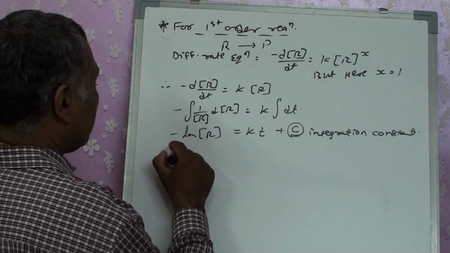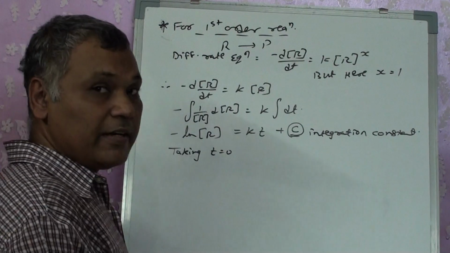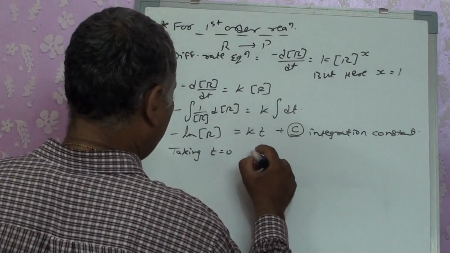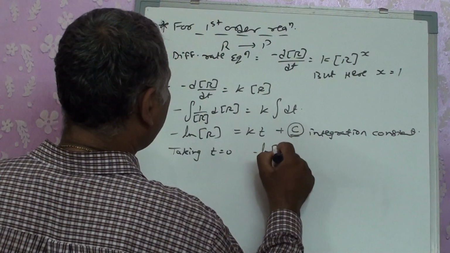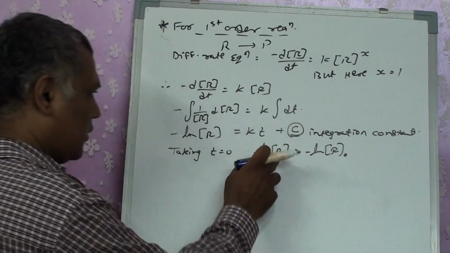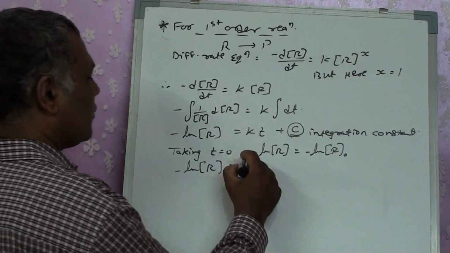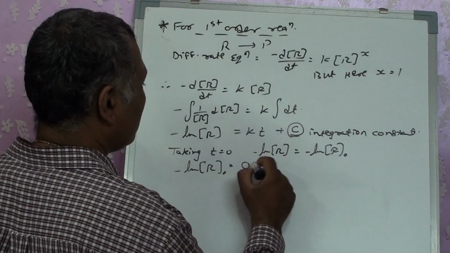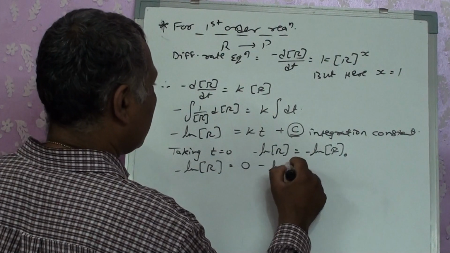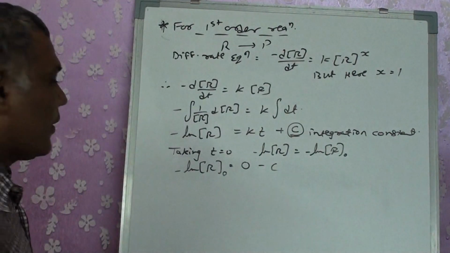So taking t equal to 0, when time t is 0, the reaction has not started, at that time what will happen? Your R will become R naught. Substitute the value in the given equation, you will get ln R naught is equal to 0 plus C, right?